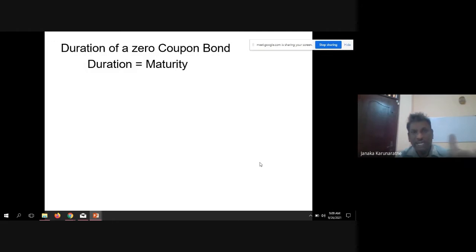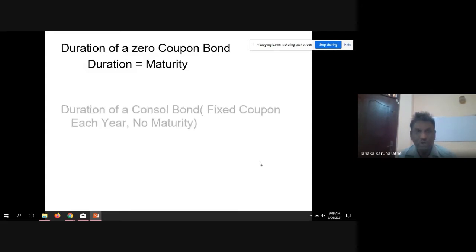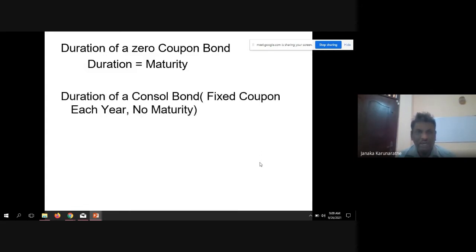Already explained, for a zero coupon bond, duration equals maturity. So if duration is 15 years, maturity is also 15 years. Now there is another type of bond called consol bonds. In consol bonds you don't have any maturity, it's a perpetual bond, but you get a fixed coupon at the end of each year.